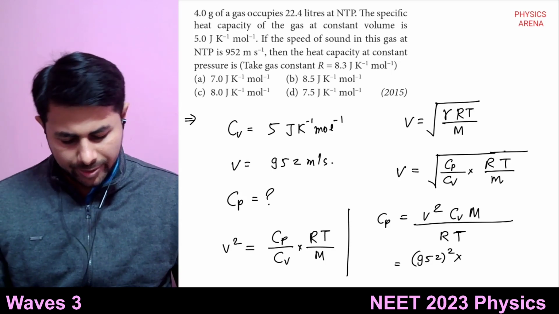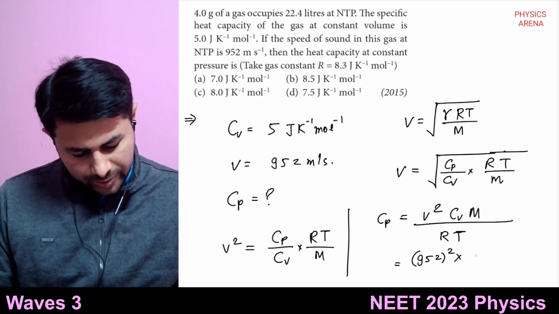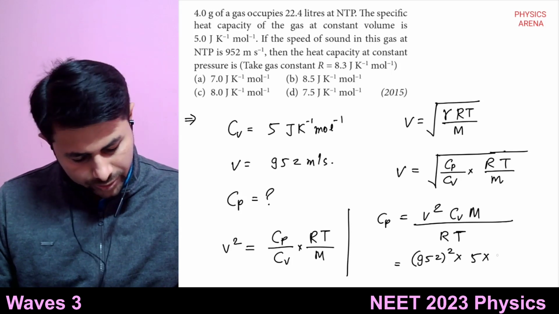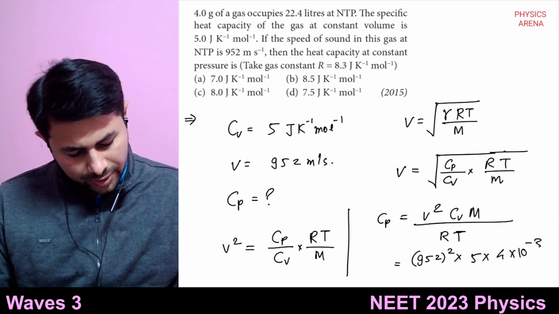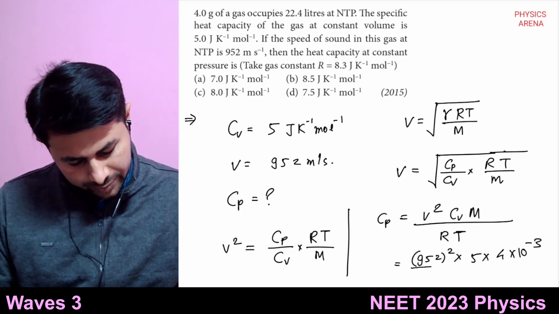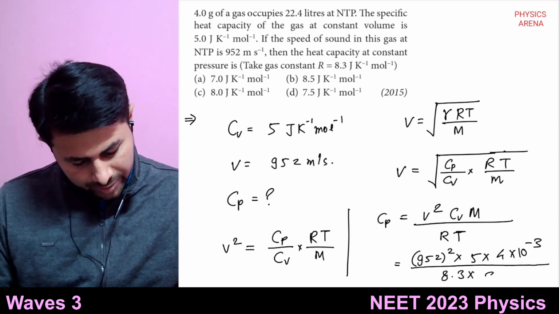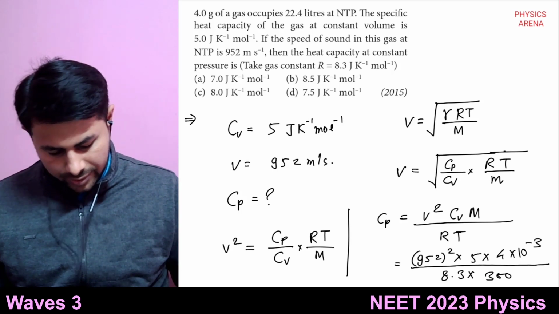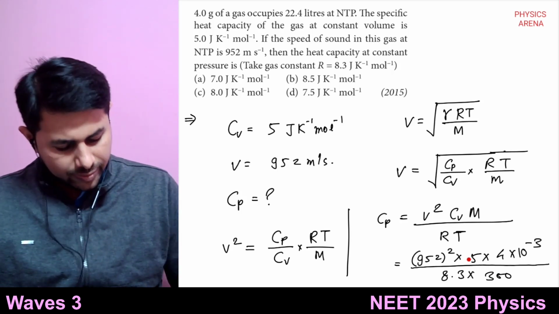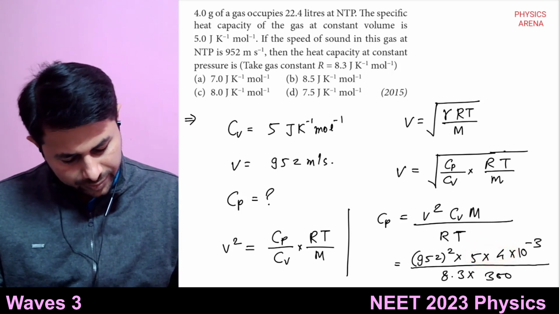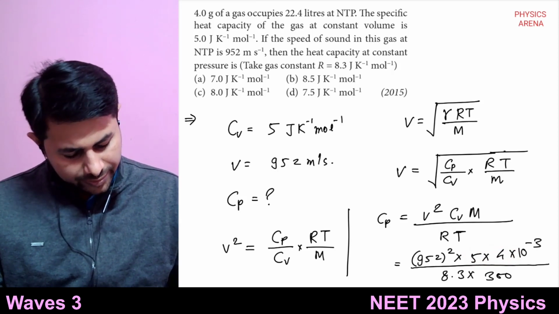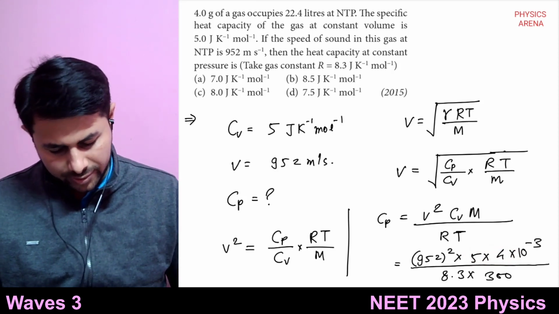Let's try to do some approximation. Cv is 5, M is 4 multiplied by 10 raised to minus 3. This is 8.3 multiplied by temperature 300. Okay, so 5 fours are 20.